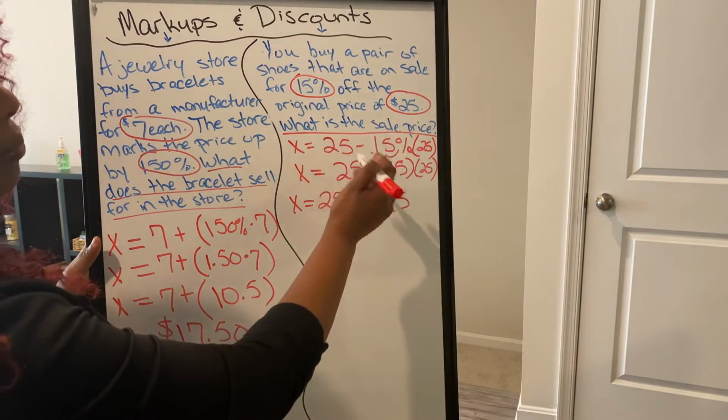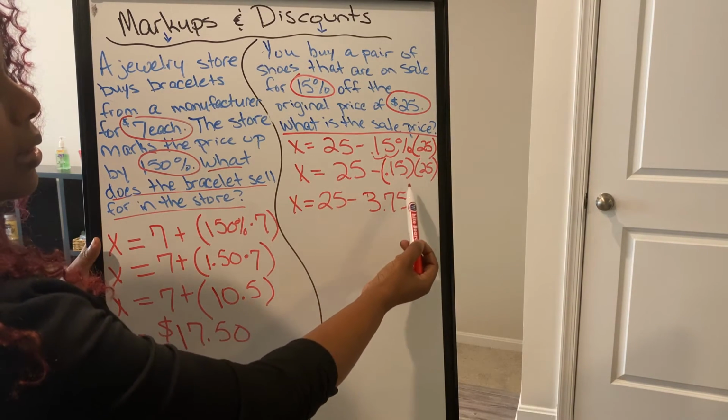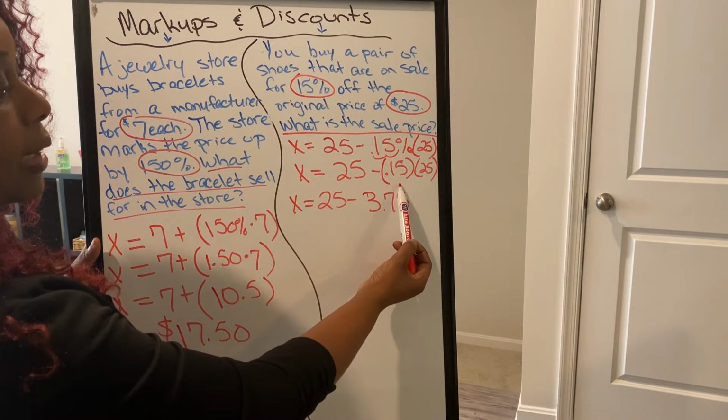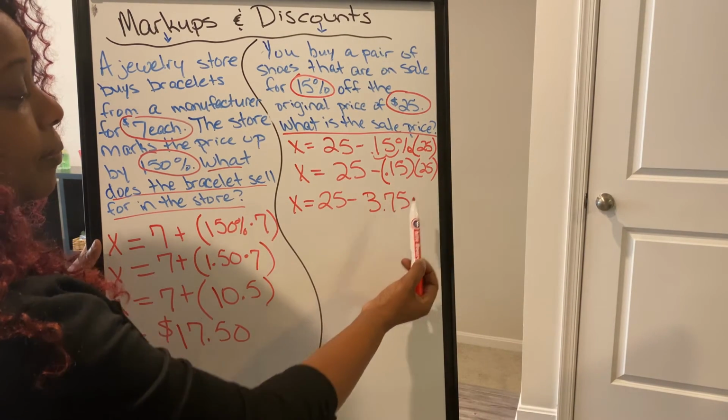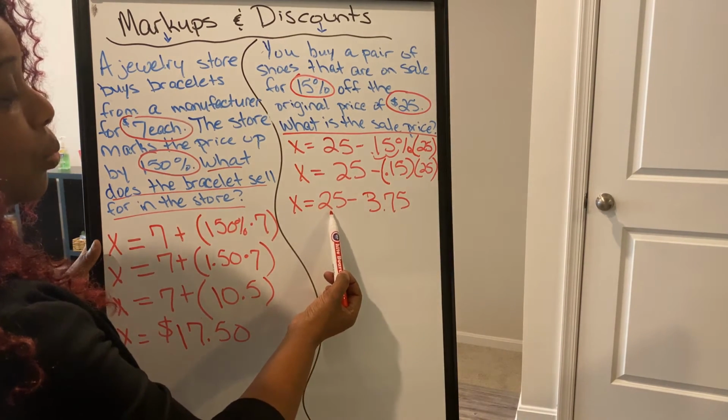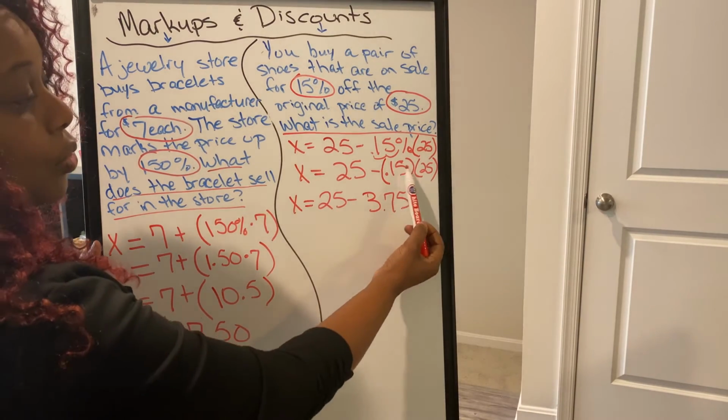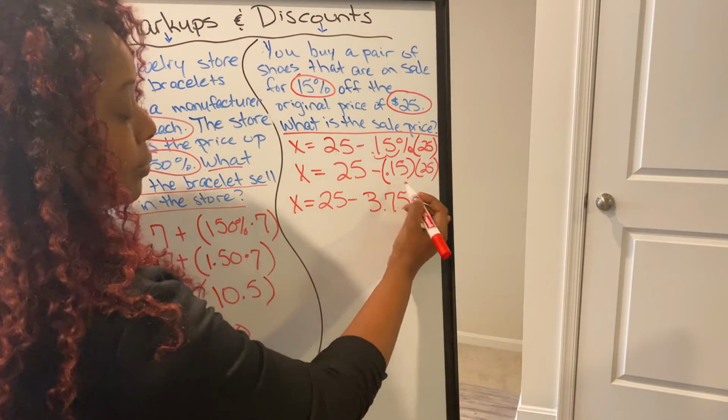So let's recap. Turn your percent to a decimal. Take the decimal, multiply it by the original price. Then you're going to take the original price and subtract this product from it.